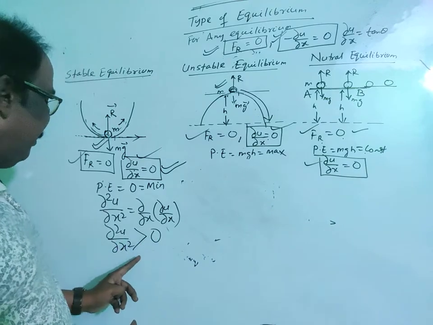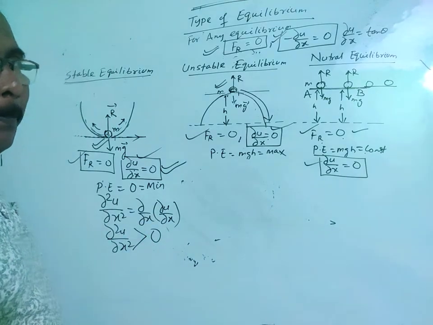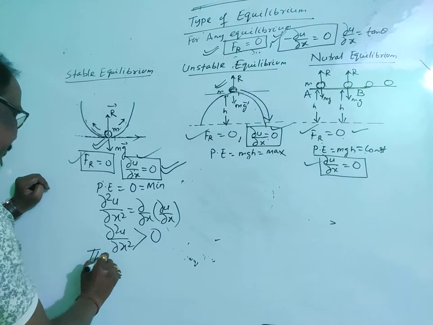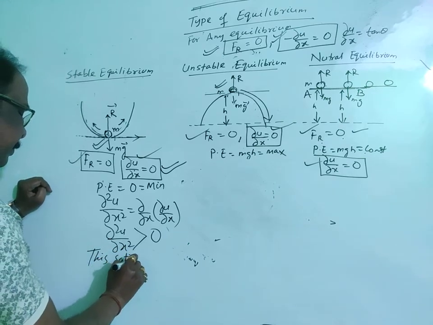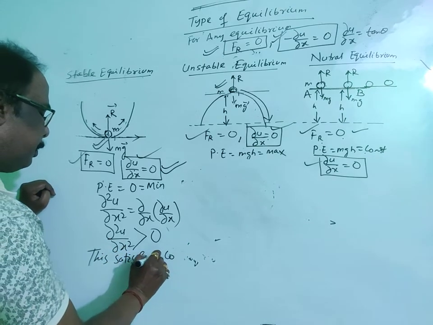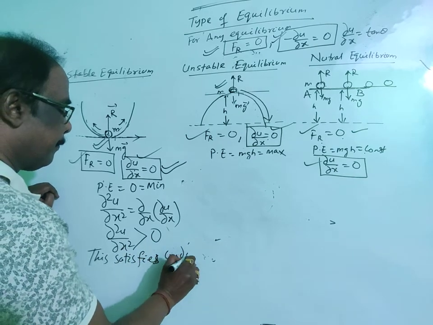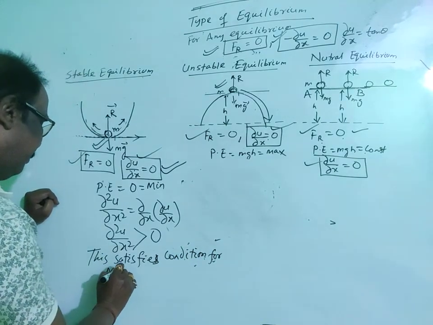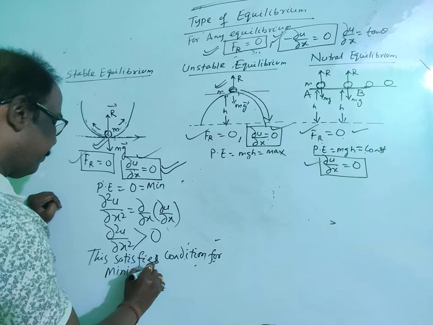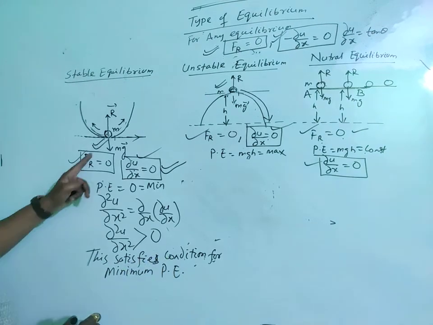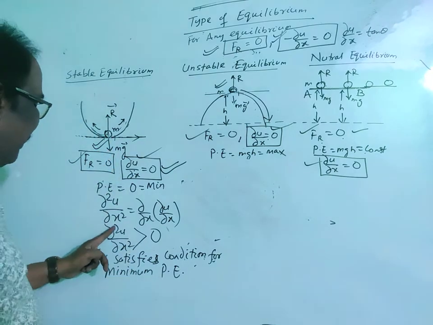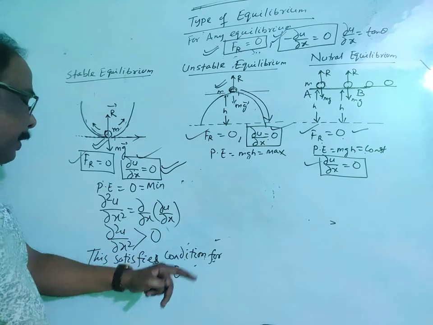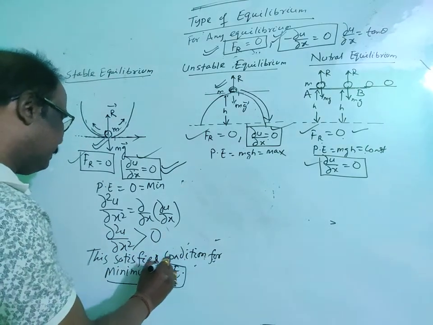If d square u by dx square is greater than 0, then this satisfies the condition for minimum potential energy.